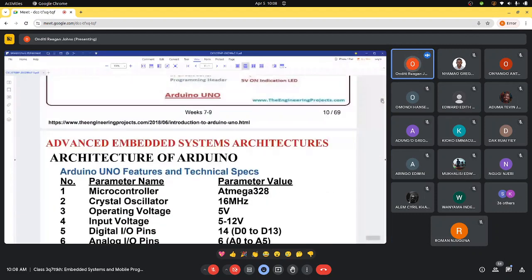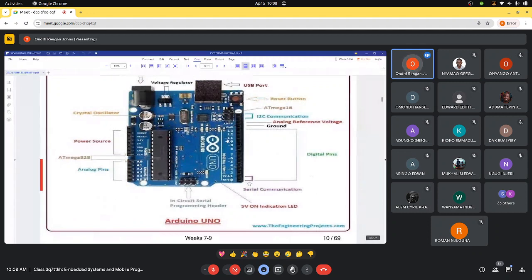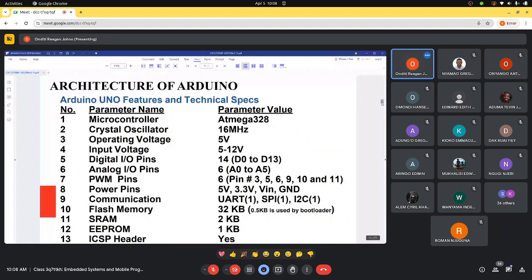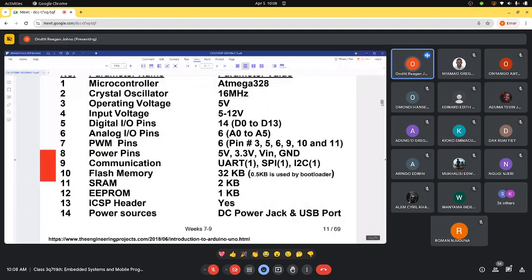If you look at our board here, you can see the tildes on the digital part, correct? That basically gives you what we call the PWM pins, and I explained what PWM is. We'll look at that further. The power pins: this board can work with 5 volts. It can work with 3.3 volts.